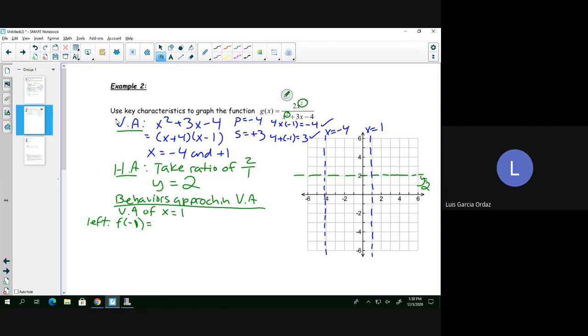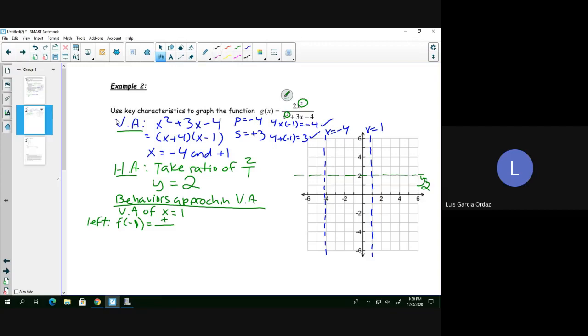So if we take f at negative 1, what sign does my numerator give me back, positive or negative? So my numerator gives me back a positive. And if I put a negative 1 in the denominator, does it give me a positive or negative result?